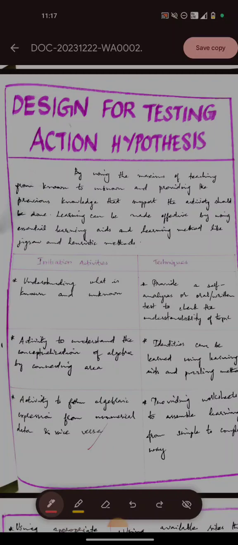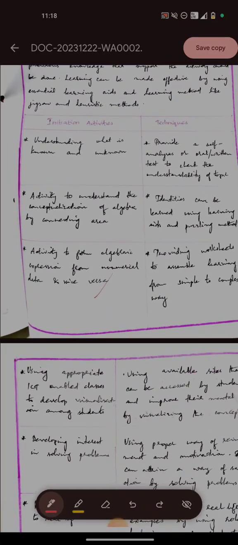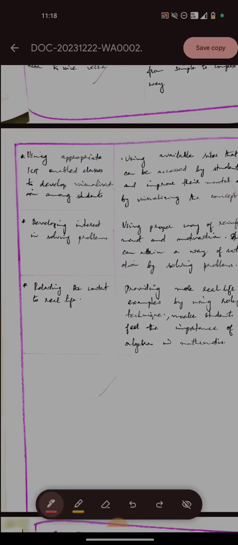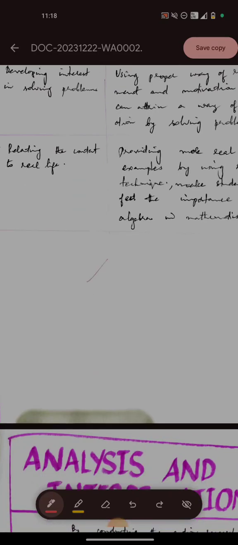Each activity will be based on the objectives that we have previously mentioned, and techniques like puzzles are given. Like relating to real life context, we can use ICT and more visualizing media.